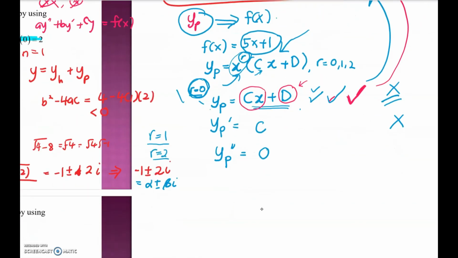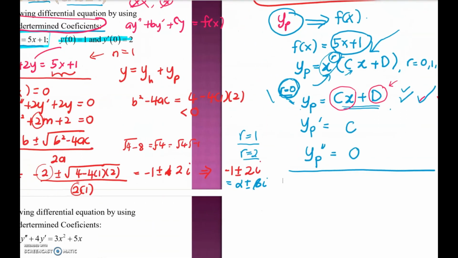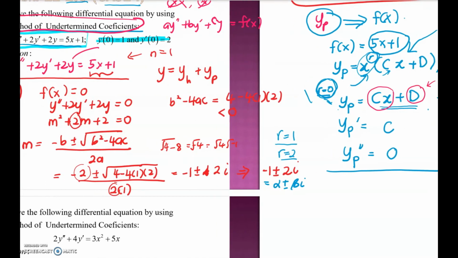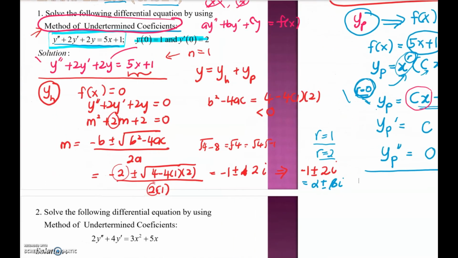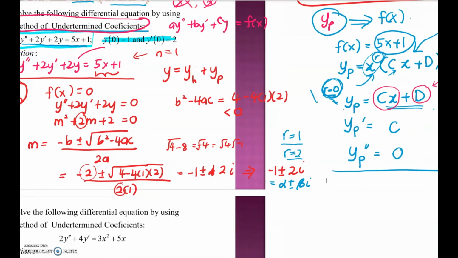After you find the first and second derivative as well as your initial guess of your YP, then we substitute into our actual question. That is why it is called YP, particular, because dia mengkhususkan kepada semua equation kita, equation yang betul, instead of homogeneous tadi which used fx equals 0.